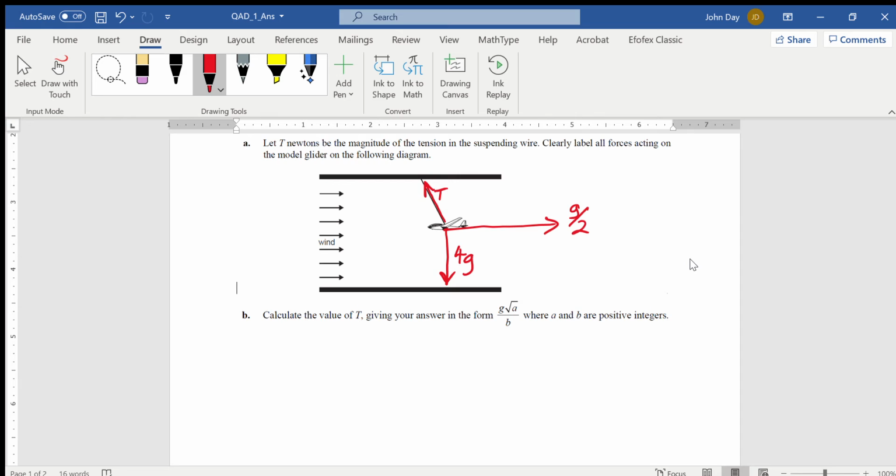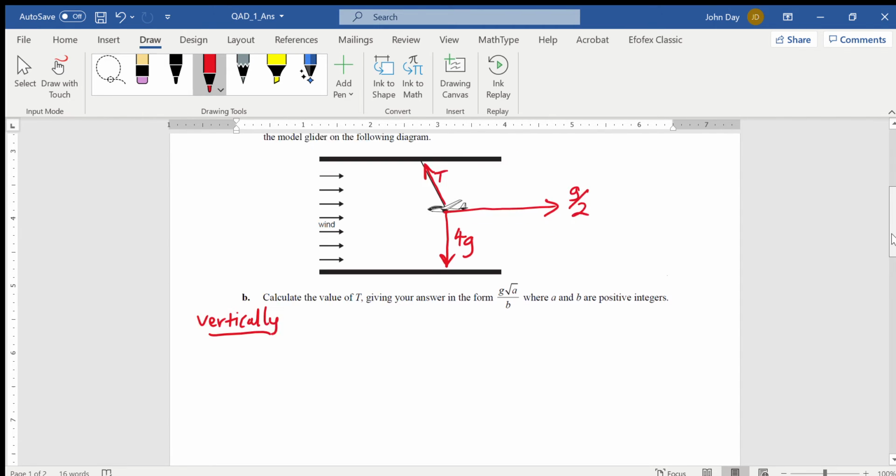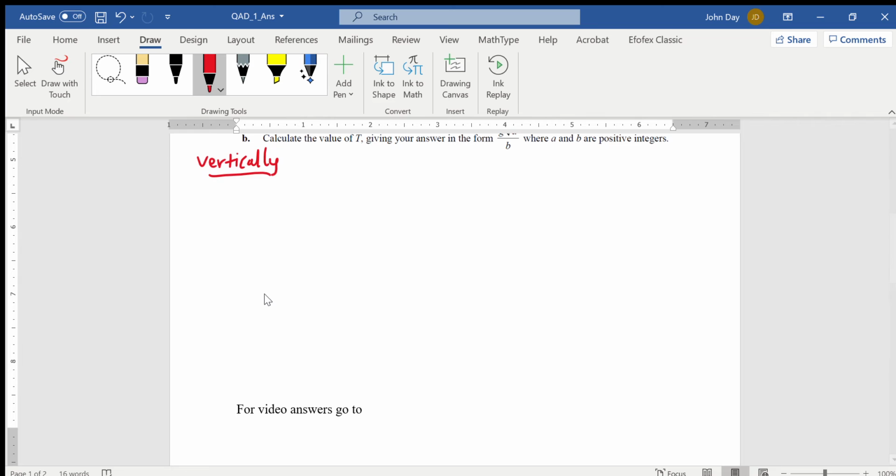Next part, calculate the value of T. So we need to look vertically and horizontally. Vertically, we've got this 4G cranking down, and the only thing that's going to counterbalance it, because the wind is blowing sideways, is the component of the tension that I'm drawing up here in black.